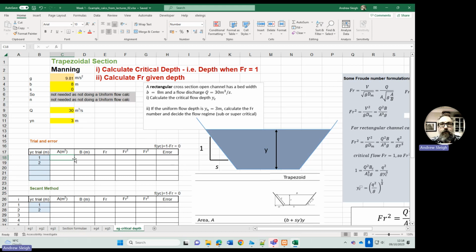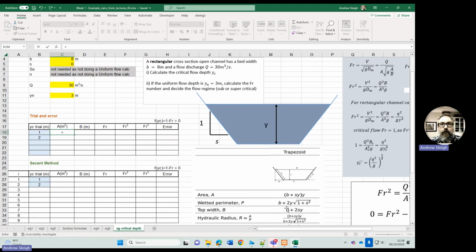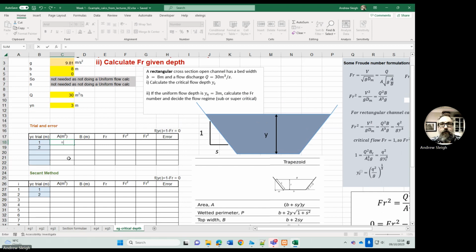So let's type in our formula again. So A, now the question is about a rectangular channel, but I'm going to do a trapezoidal channel because it's more generic. I've got the equations here to remind me. So A is equal to brackets B, bed width as constant, plus the side slope as a constant.